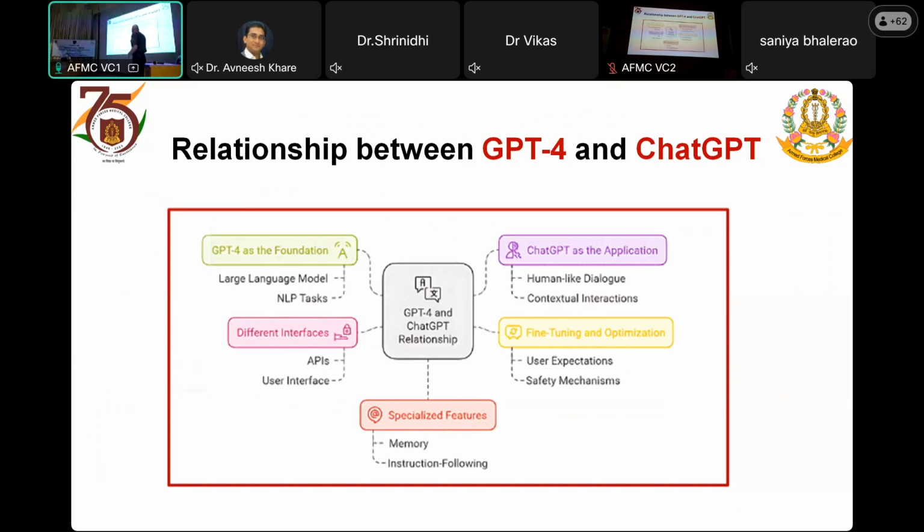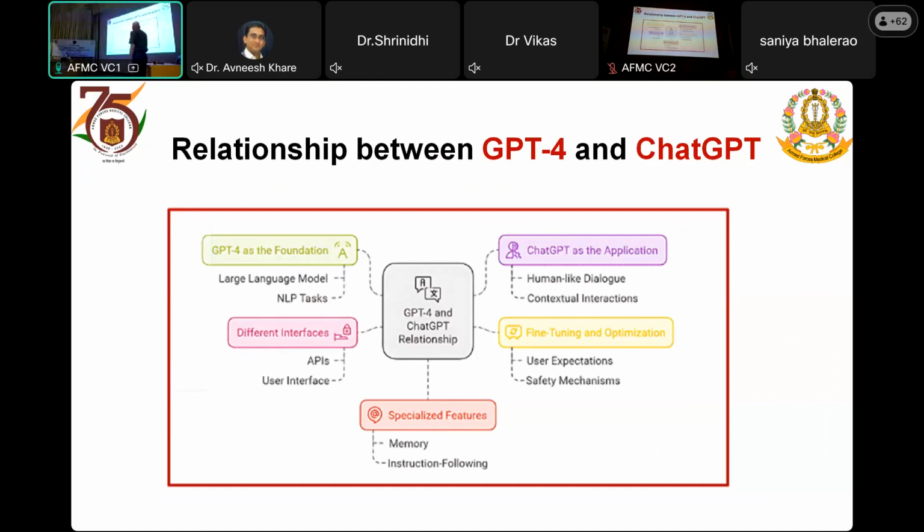And Napkin AI gave me this infographic. If I ask ChatGPT to give me an infographic, it will still be able to do it, but probably not as good as this, because they've been pre-trained in different manner.